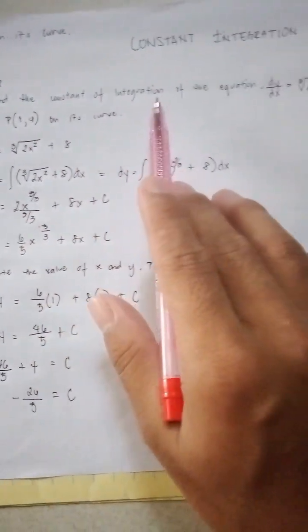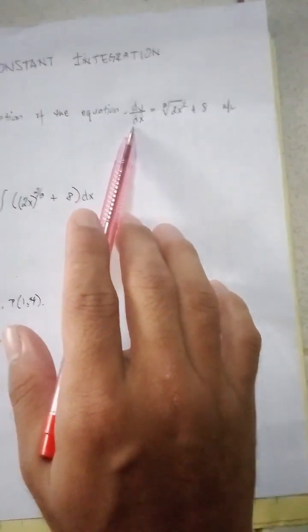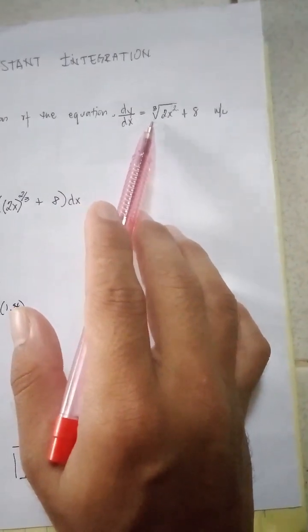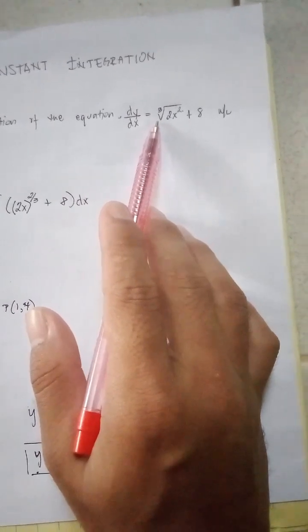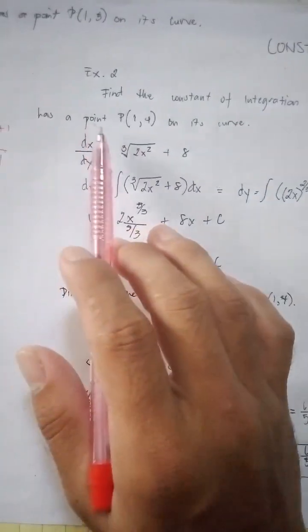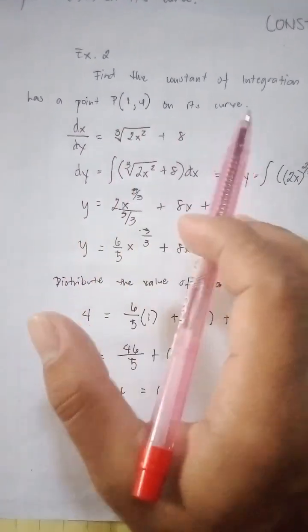Find the constant of integration of the equation dy over dx equals cube root of 2x squared plus 8, which has a point P with the value of 1 and 4 on its curve.